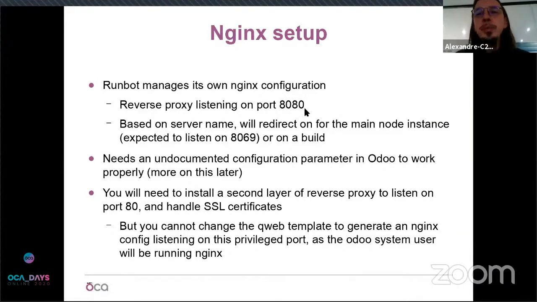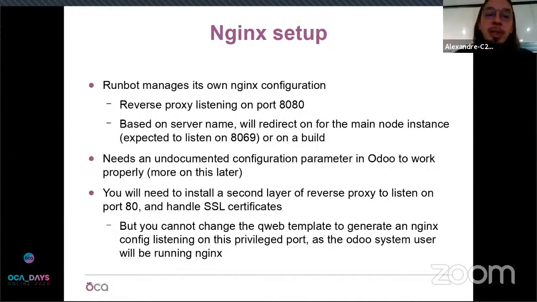So Odoo generates an Nginx configuration file, which reverse proxies the 8069 port on port 8080, and also redirects the connections to the builds on port 8069. So you don't need to do anything for that. It's handled for you, and Odoo will manage reloading the Nginx configuration for you.